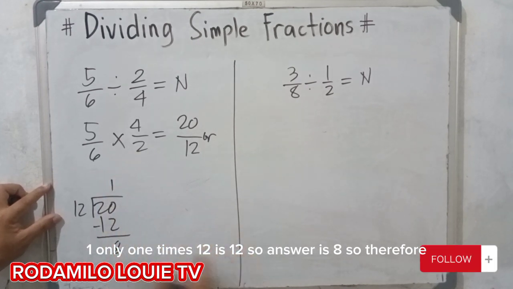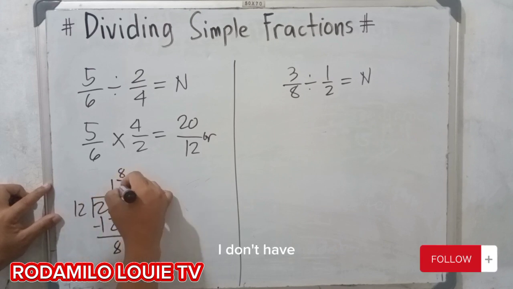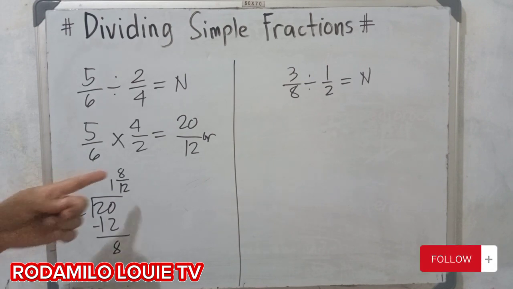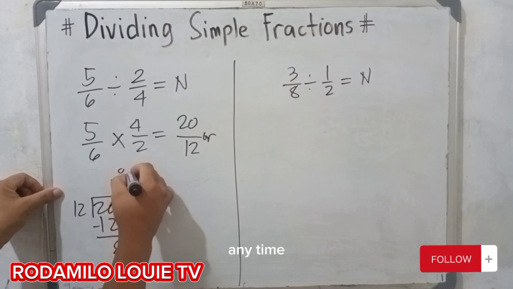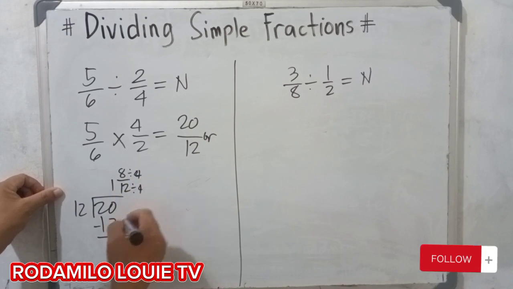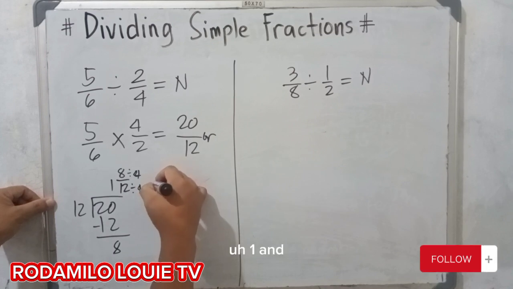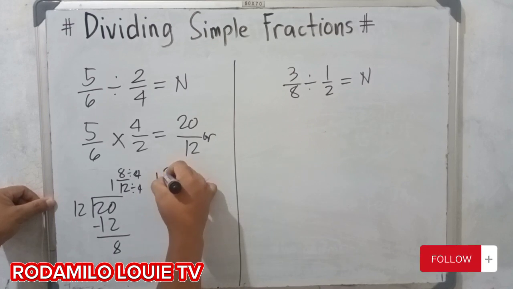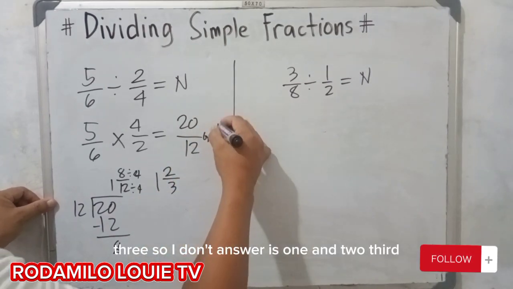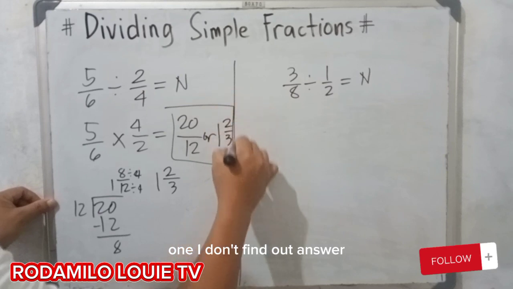So therefore, kining 8 mahimo na to numerator, ang 12 is atong denominator. So since pwede mo na to ma-lowest term ang 8 over 12, divide sa 4 ay ang GCF. So ang atong final answer is 1 and 2 over 3. So ang atong answer is 1 and 2/3. So muna itong final answer.